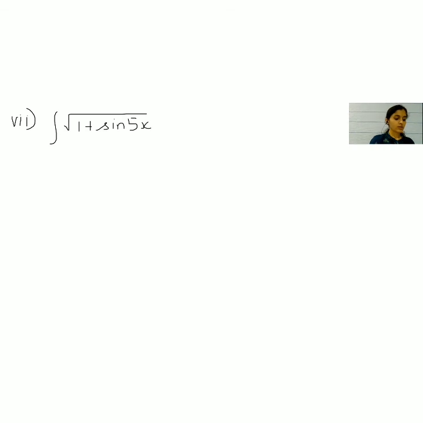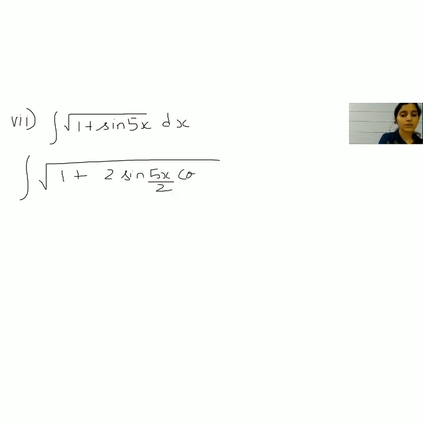Okay. So we are going to use the half angle formula here, integration of under root of 1 plus 2 sine 5x by 2 cos 5x by 2, dx, right?